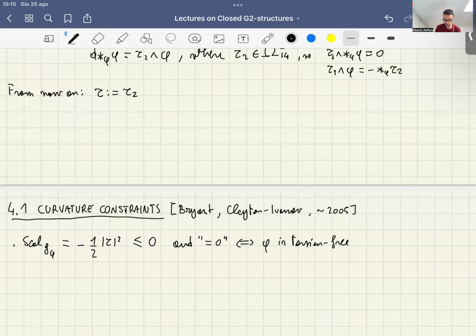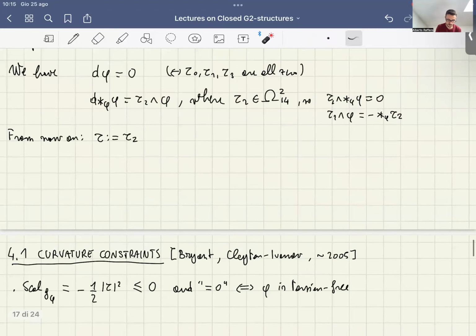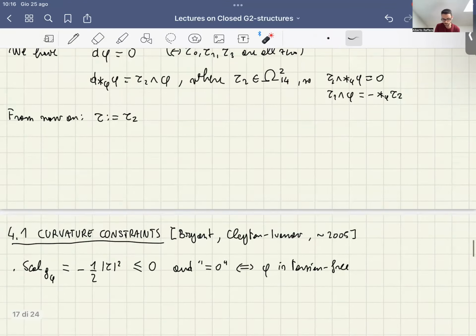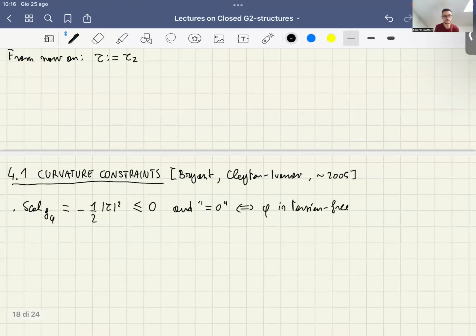In fact, from these defining conditions, you immediately see that a closed G2 structure is torsion-free if and only if it is co-closed, and this happens if and only if this intrinsic torsion form tau, or tau 2, is equal to 0, so if it vanishes.